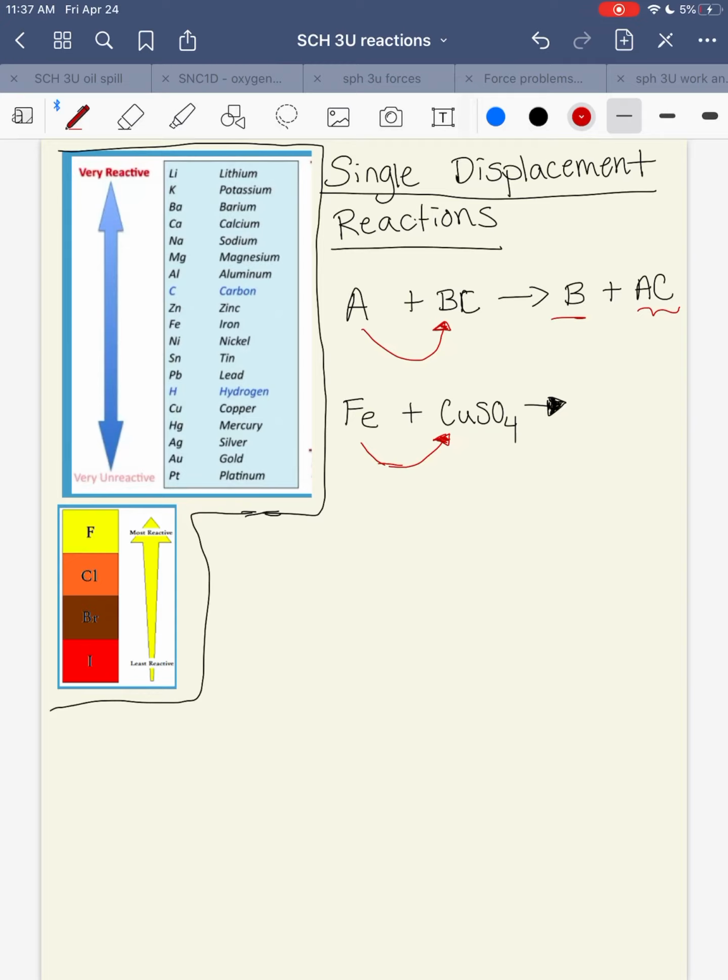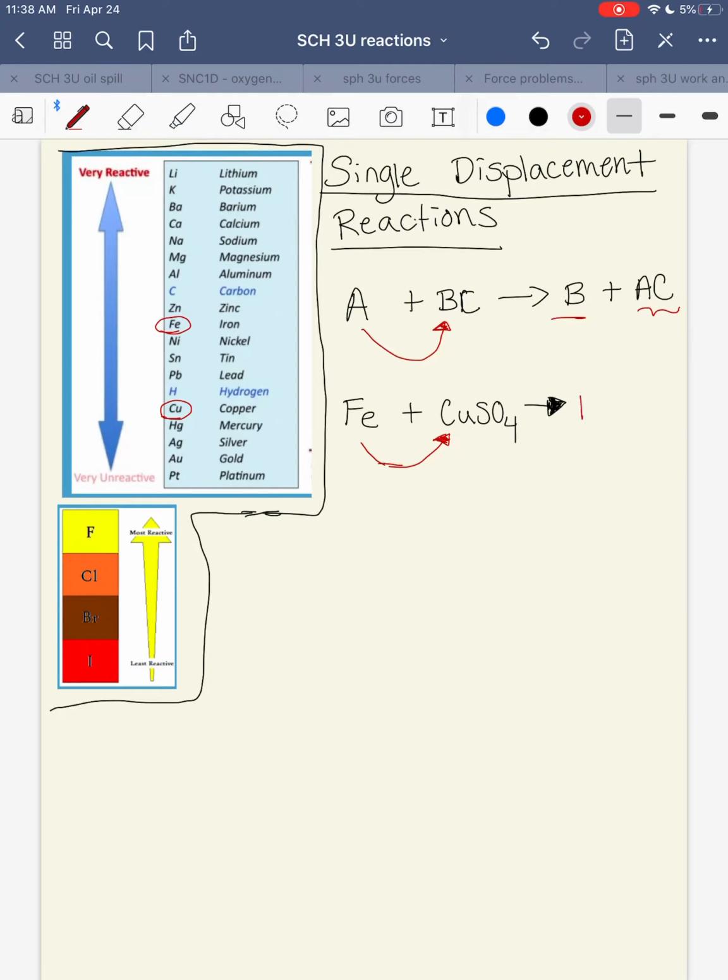And so we have to look at our activity series to see if iron is actually reactive enough to replace copper. So we're going to look for iron and copper on our activity series. I've got copper right here, and then I've got iron up here. Since iron is higher on the activity series than copper, iron is able to replace copper.